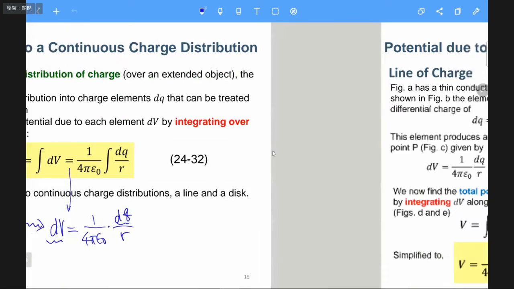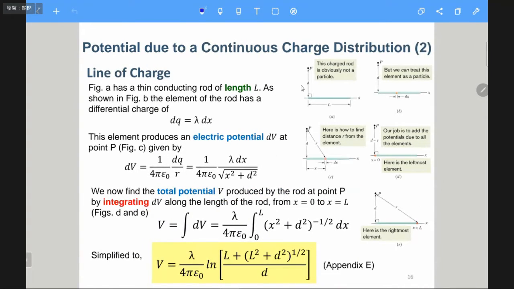Okay, so next we will consider the potential generated by a line of charge. So dq equals lambda dx, just as what we worked on before, which is dq is the line charge density multiplied by the length. So this is nothing special, and this is what we wrote on the previous page.